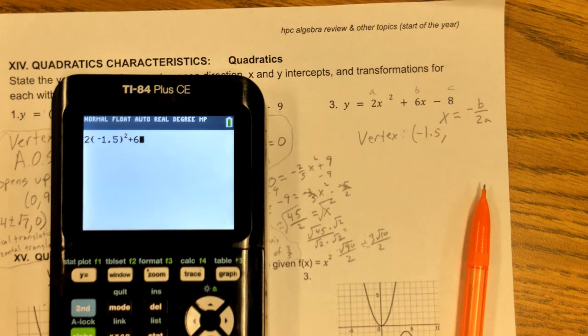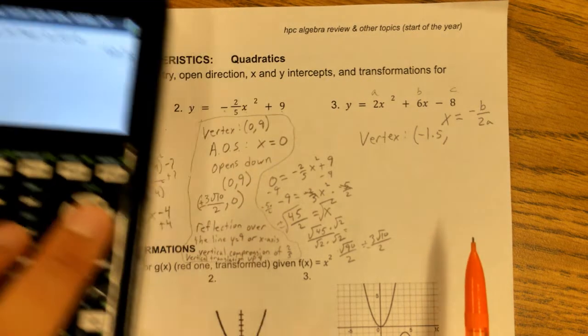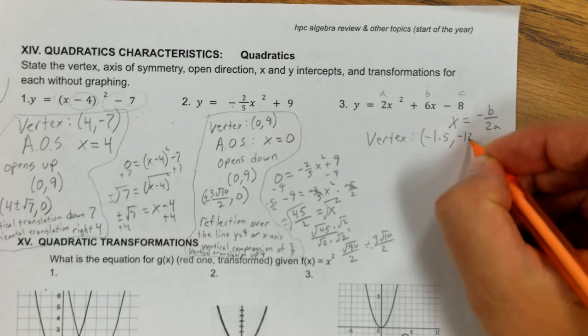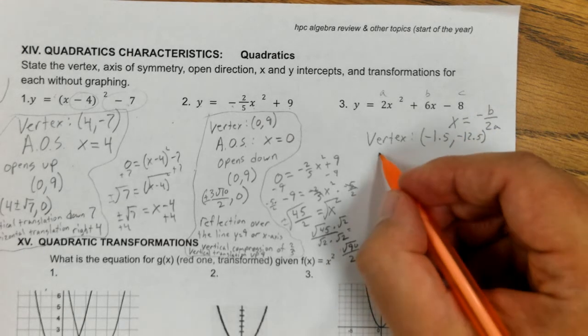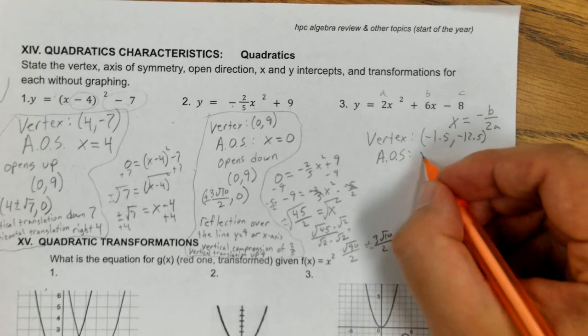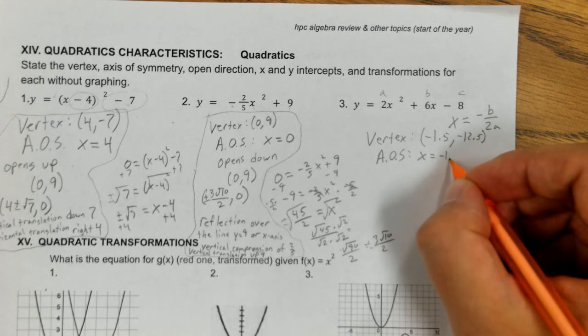Plus 6 times negative 1.5, and then minus 8, and you should get negative 12.5. So that's going to be the y-coordinate of my vertex. The axis of symmetry is going to be the line x equals negative 1.5.